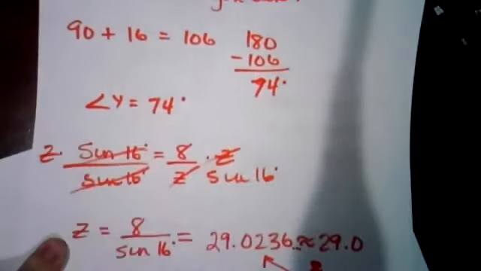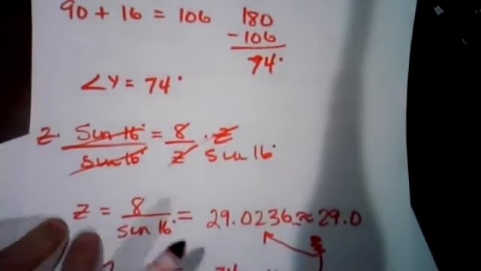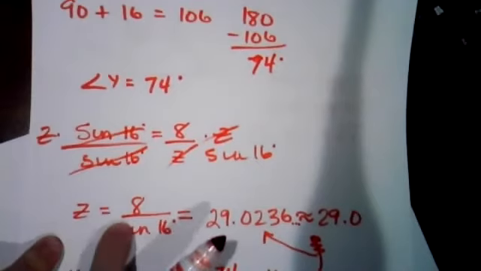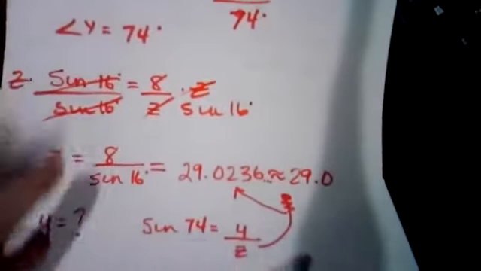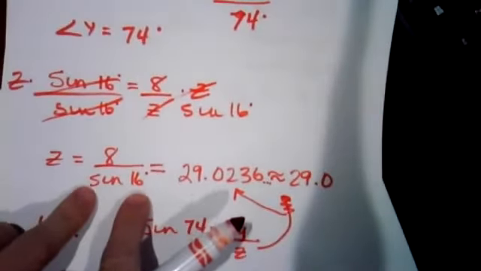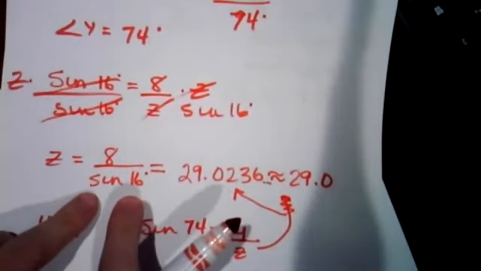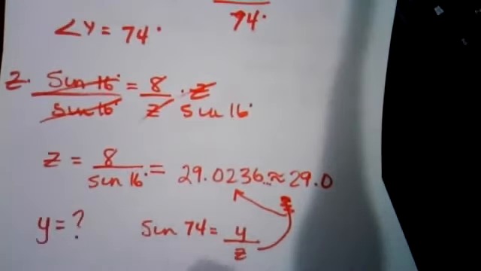Okay, so my z's canceled, my sine 16's canceled, and I now have z is equal to 8 over sine 16. Now, sine 16, you're going to have to put into your calculator. It's ridiculously long because they're going to be ridiculously long.